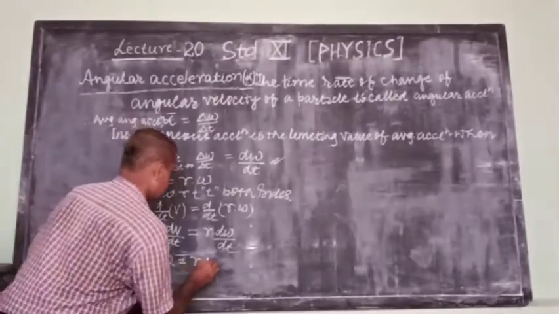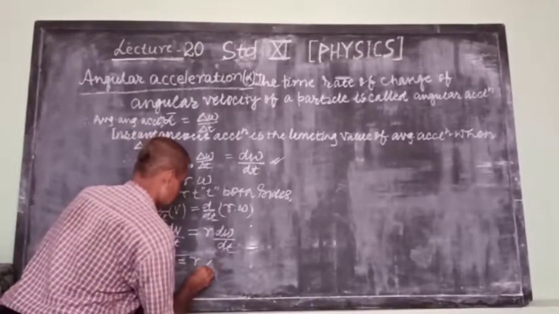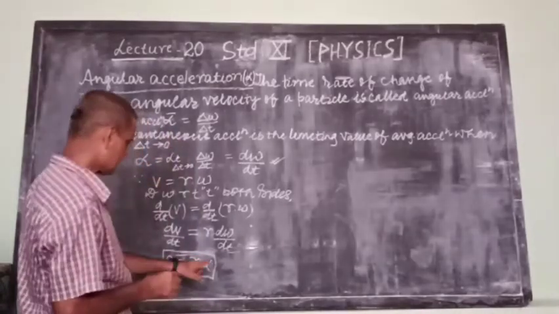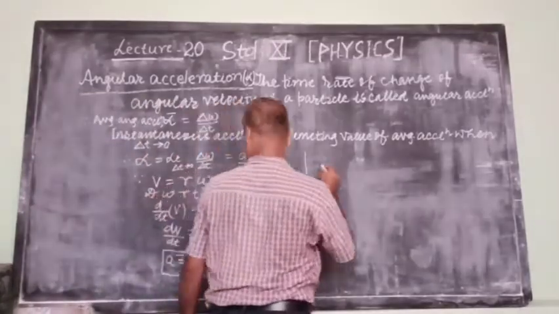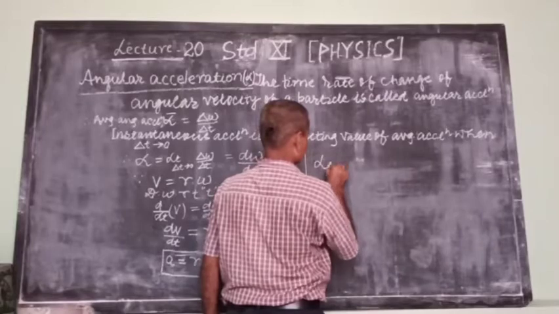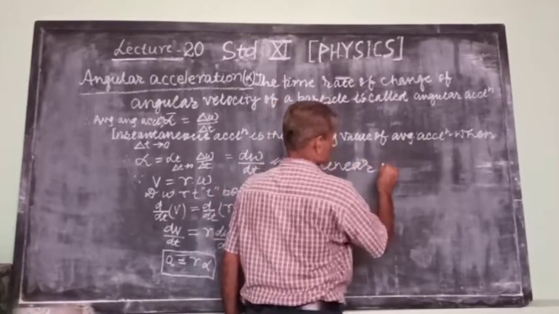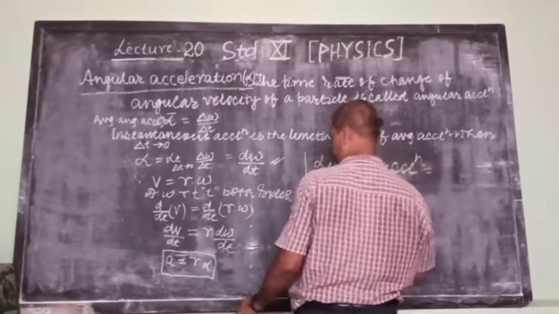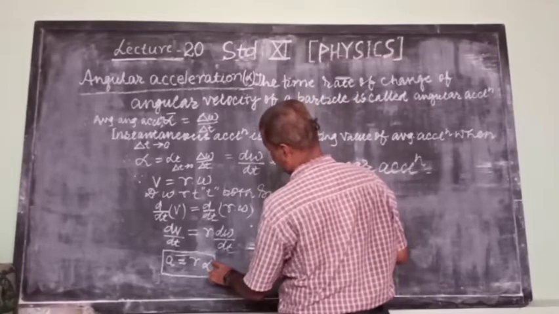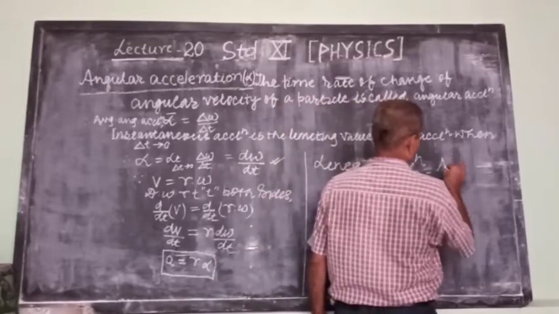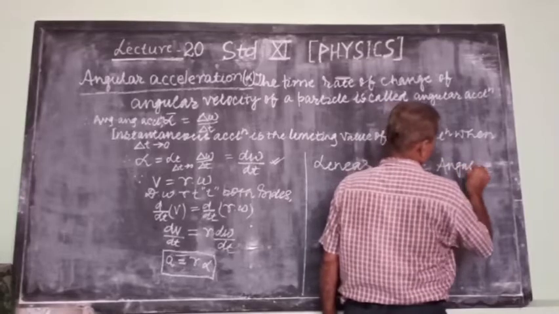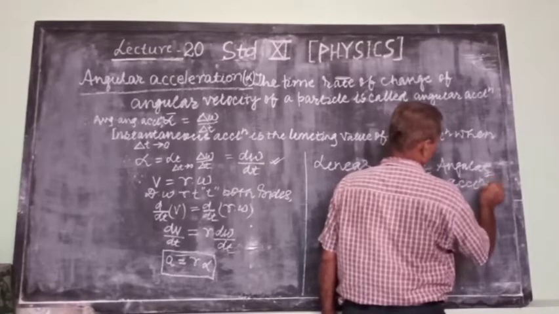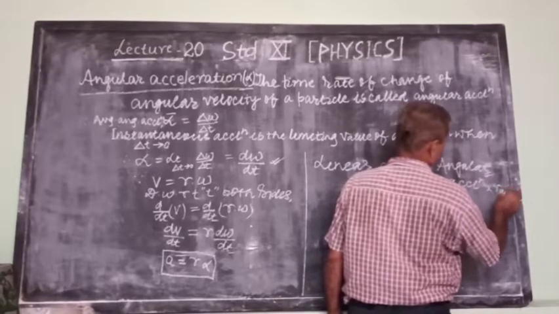So this is the formula. Hence, we can write linear acceleration is equal to angular acceleration into radius, where r is the radius.